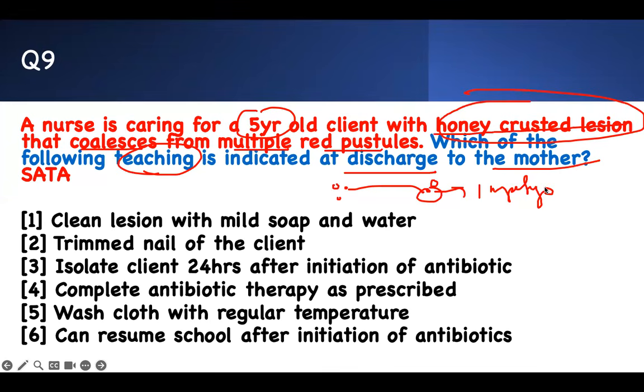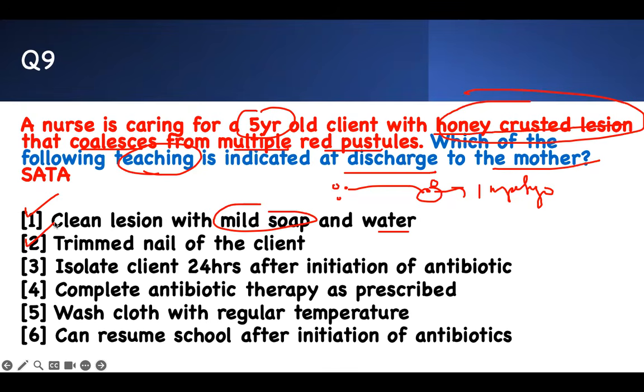It's a very contagious problem that you have to teach the mother about so that they can prevent spread of infection. They can clean this wound with a mild soap and water before they apply antibiotic. This is good. It itches, so the kid is going to scratch it. If they scratch it, it goes under their fingernails and causes multiple recurrences.